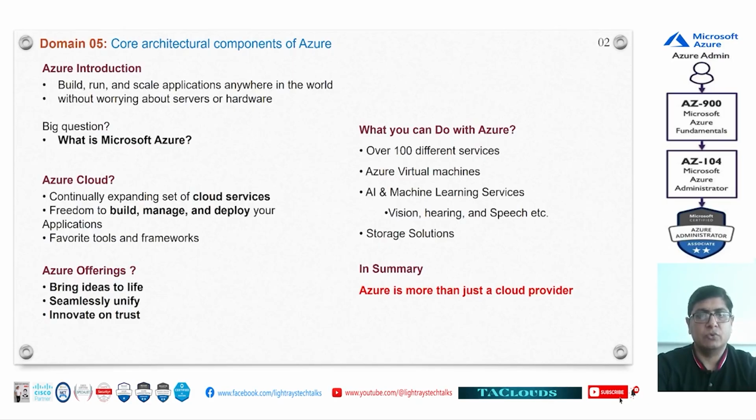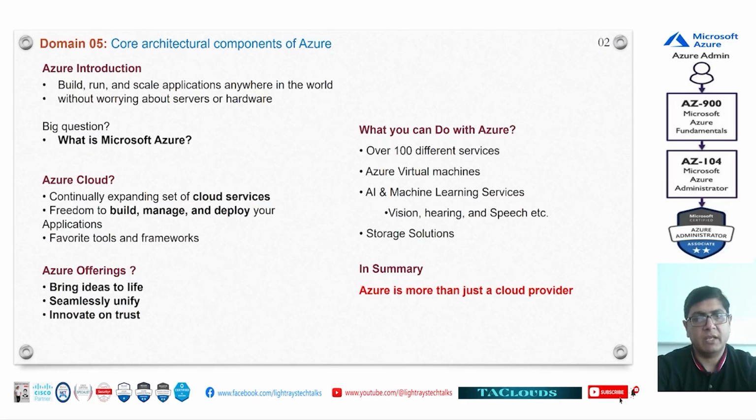In summary, Azure is more than just a cloud provider. They are not only providing you the services, they are providing you physical infrastructure, physical hardware, physical security, logical security, encryption, and software. So that is not just a cloud provider. A cloud provider is only like Etisalat and du.